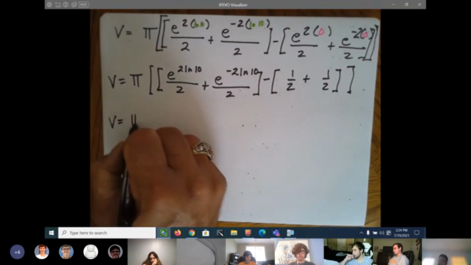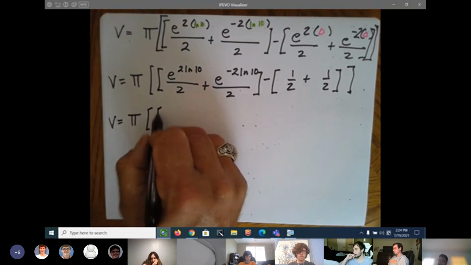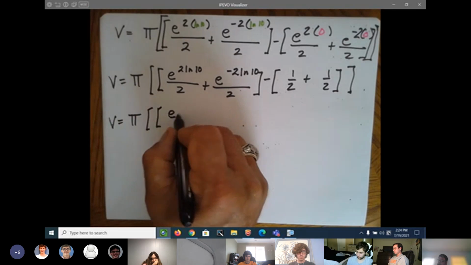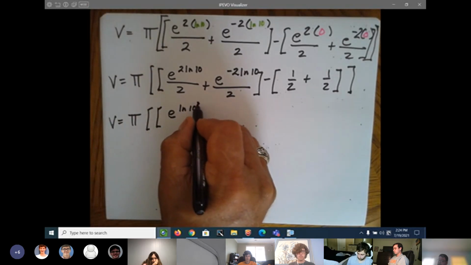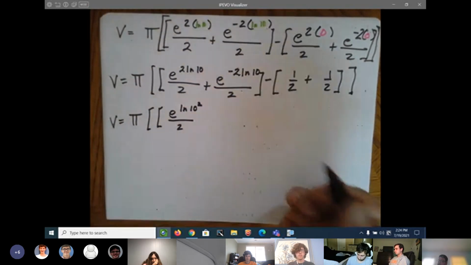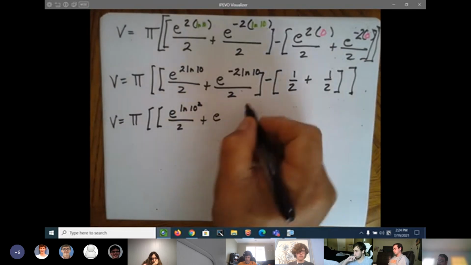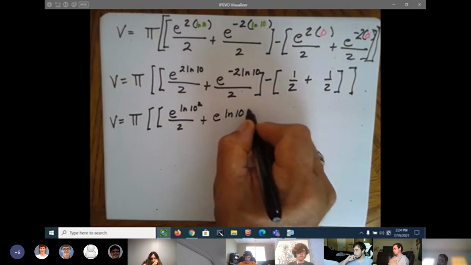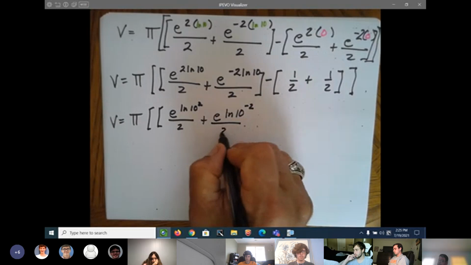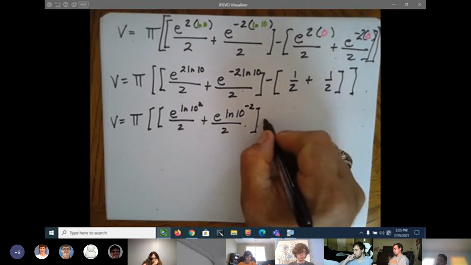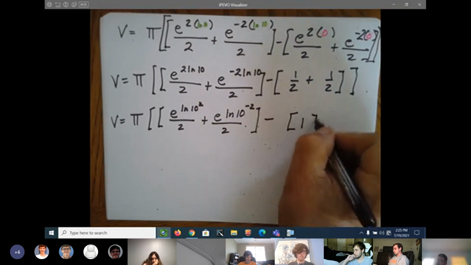V is equal to pi, e to the natural log of 10 squared plus e to the natural log of 10 to the negative 2, minus 1.